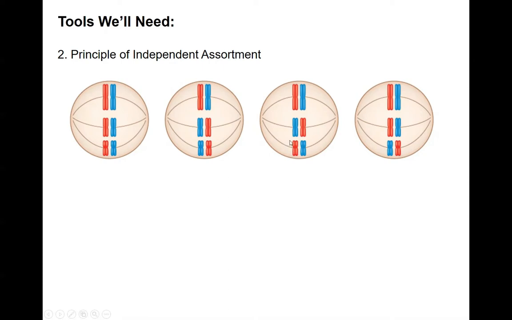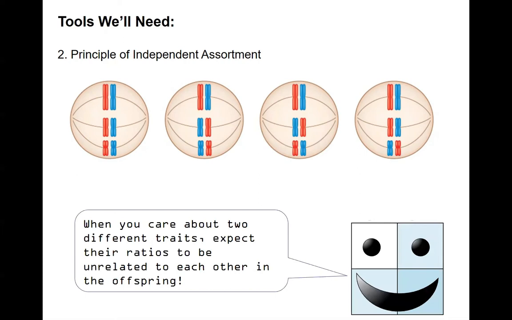And so the idea being that when you have two traits, what we can expect from traditional Mendelian genetics or Punnett square genetics is that their phenotypic ratios, what you get for each trait separately, are going to be unrelated to each other. So the ratios you get for segregation for genes on these two chromosomes are going to be independent of what's going on these other chromosomes. So again, setting up that expectation.